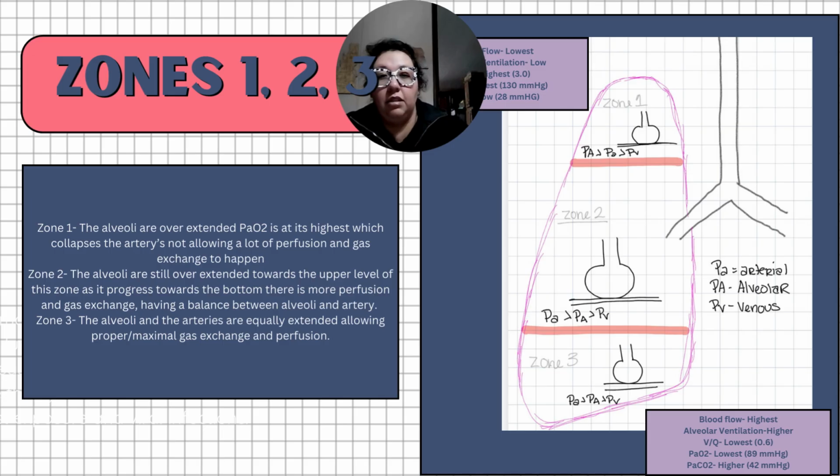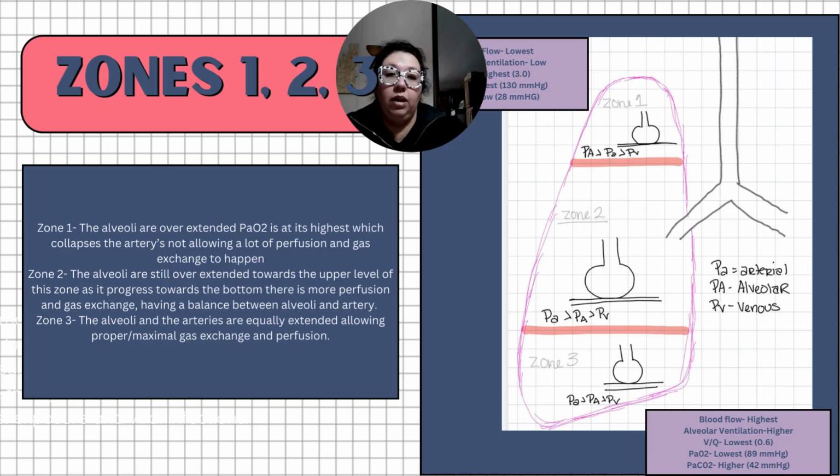The alveoli are starting to get a little bit less overinflated, and our capillaries are opening up a little bit, so they are able to do more gas exchange. So here, especially closer to zone 3, our PA, which is our arterial, is a little higher than our alveolar and then our venous. So there's a little bit more gas exchange happening.